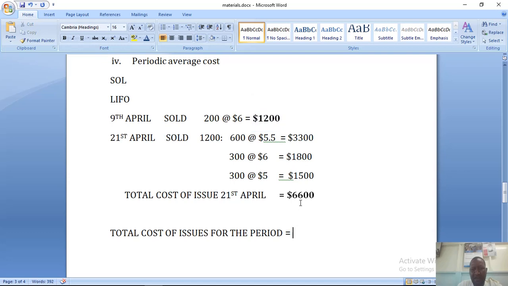So when we add this and that, it will give us 7,800. That put together, you should have $7,800 as the total cost of issues for the whole period.